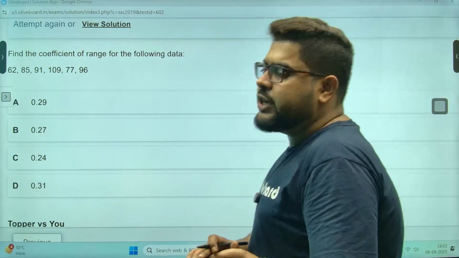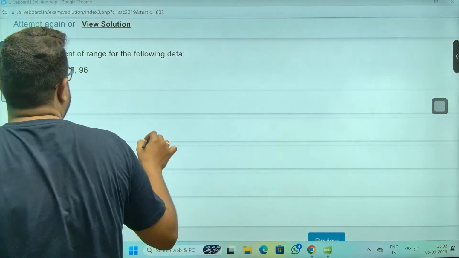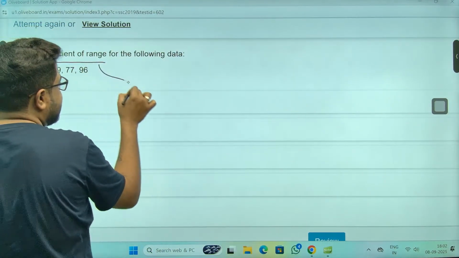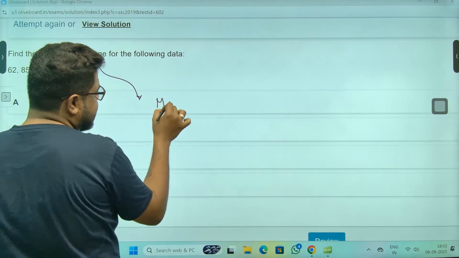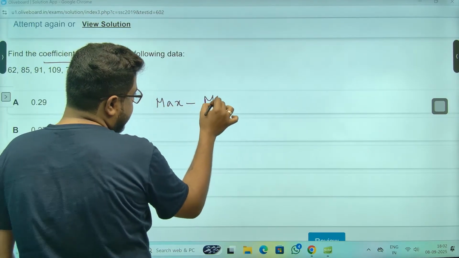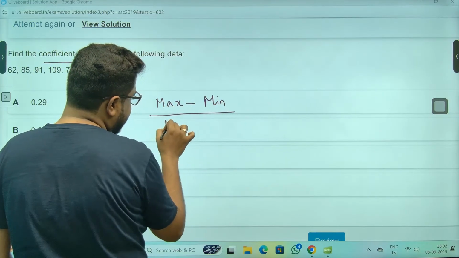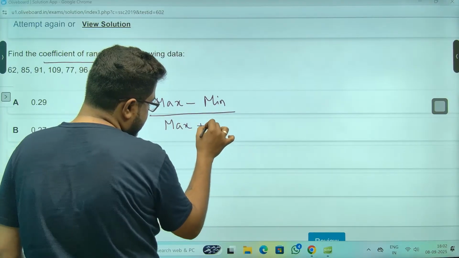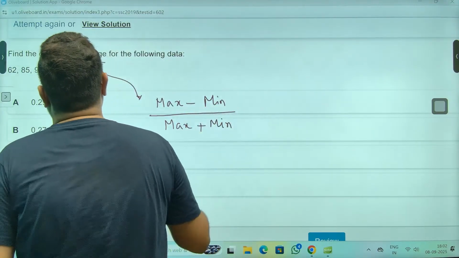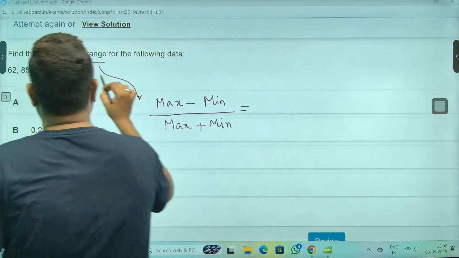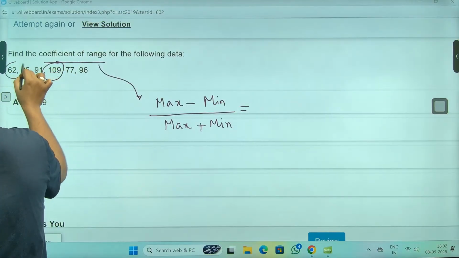Sir, coefficient of range, maximum minus minimum, so range is what? Max minus min by max plus min. Just put the value, sir. Maximum value is this, minimum is this.